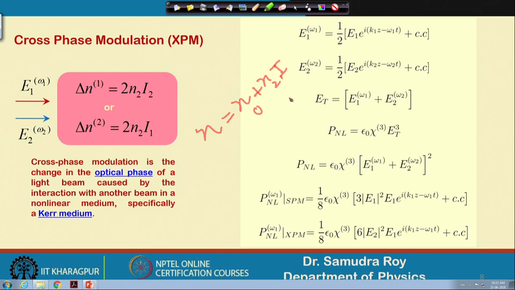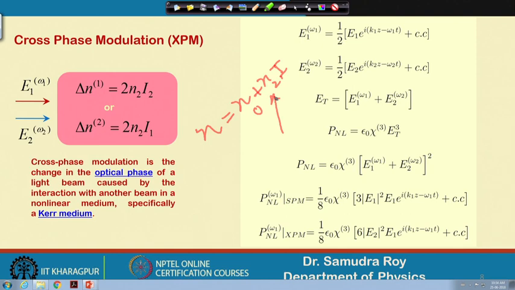When the light is launched, its intensity leads to a change of refractive index, and this change comes through the Kerr coefficient n2. If n2 is non-vanishing and has a significant value, then we have a significant change of refractive index, and this is happening because the pulse itself is modifying its refractive index.